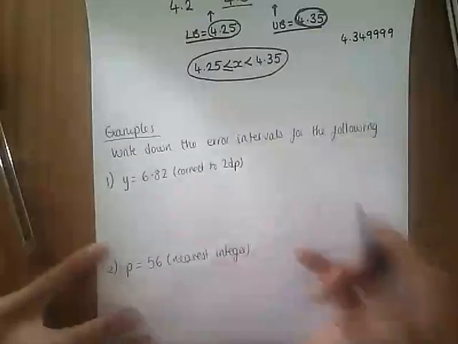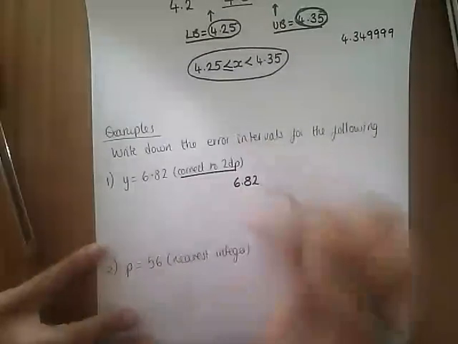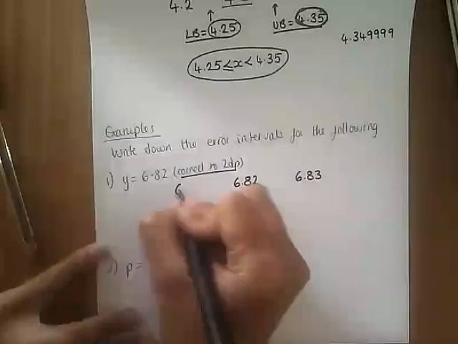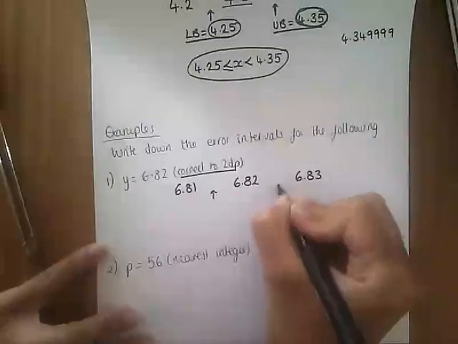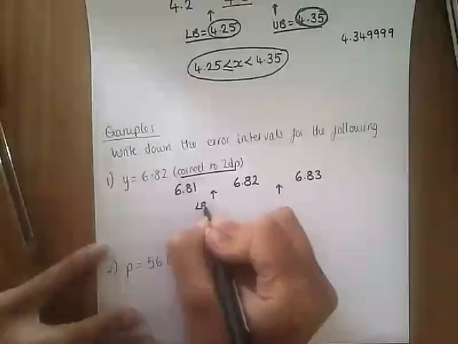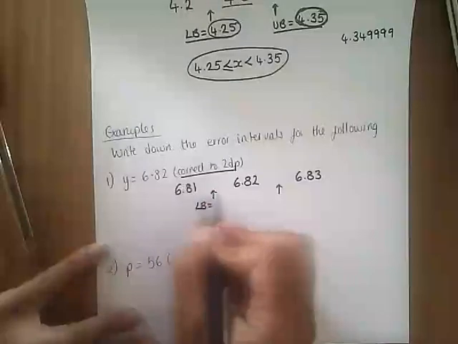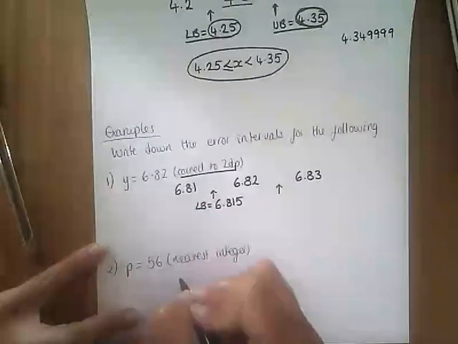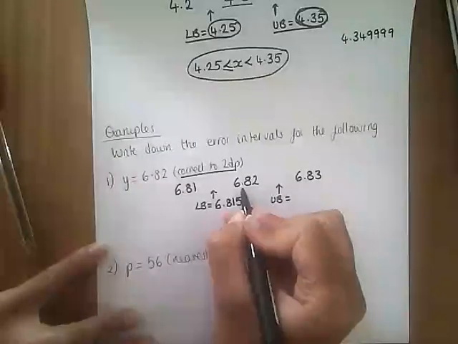So 6.82 is correct to 2 decimal places, so we pop that in the middle. We then go 2 decimal places higher and 2 decimal places lower. We then want to find our lower bound and our upper bound. So our lower bound is going to be halfway between 6.81 and 6.82. So that will be 6.815. And then our upper bound is going to be halfway between 6.82 and 6.83.